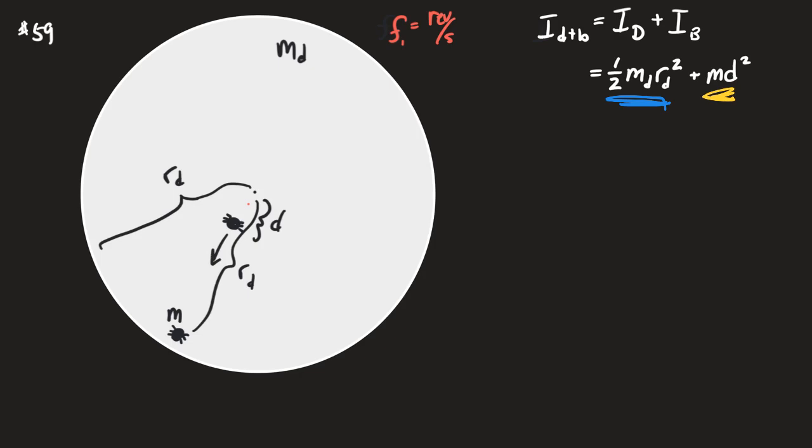So there's a moment of inertia before, and there's going to be a moment of inertia after. And the moment of inertia after is going to be 1/2 md rd squared plus m rd squared, because the bug walked out to the edge of the disk.